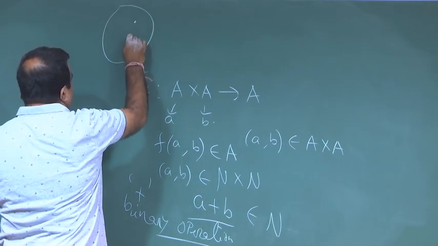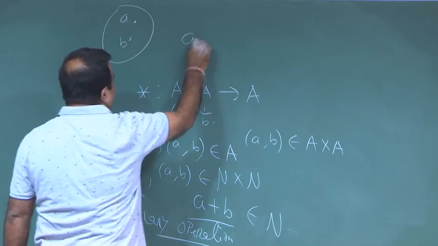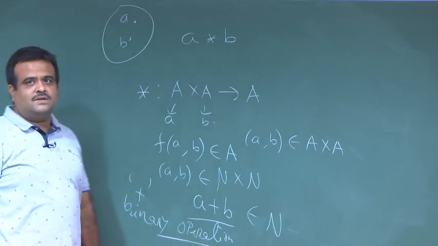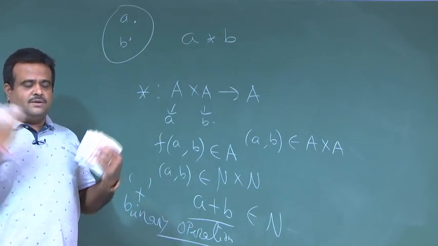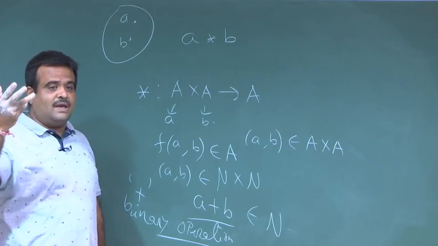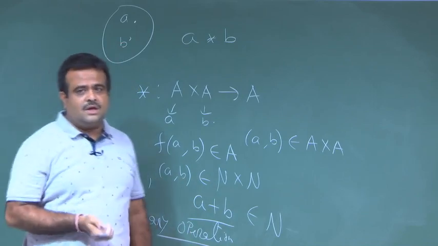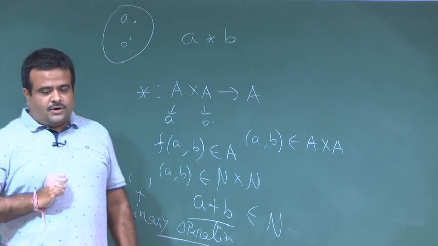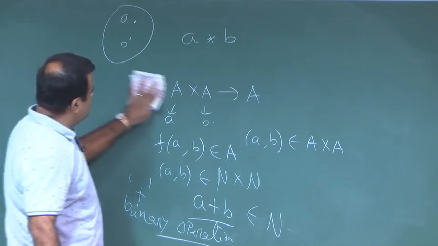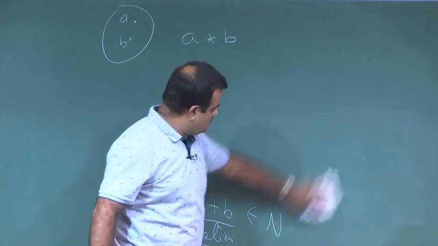We take two elements a, b from A and compose them by the operator star, which is a function that may give an element in A, or may not. If it gives an element in A, then we call it a closure operator, like addition on natural numbers. Suppose A is N, then addition is a closure.